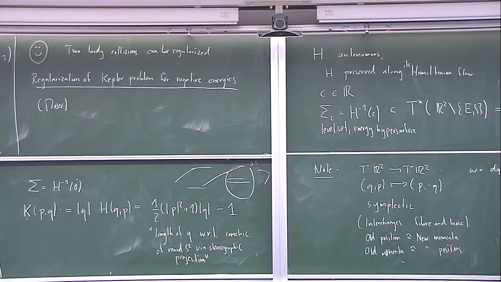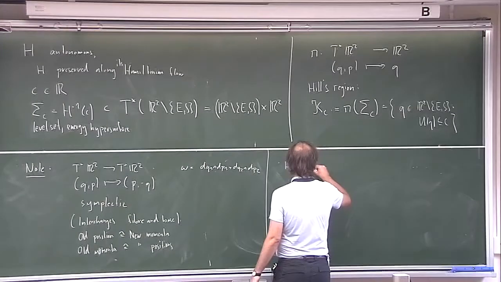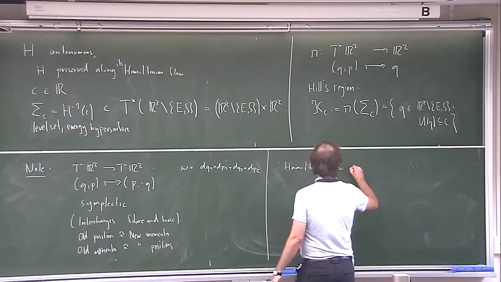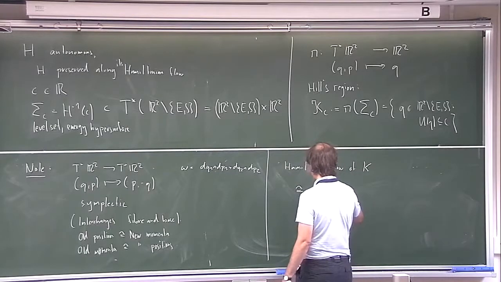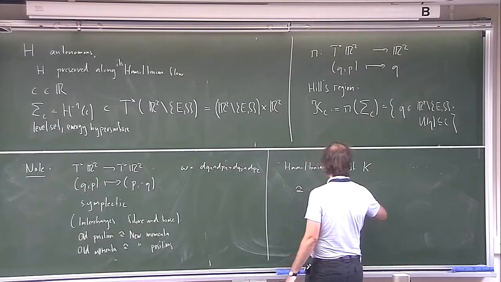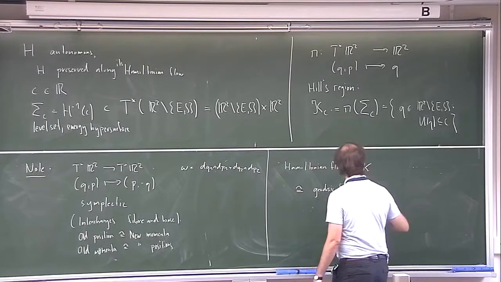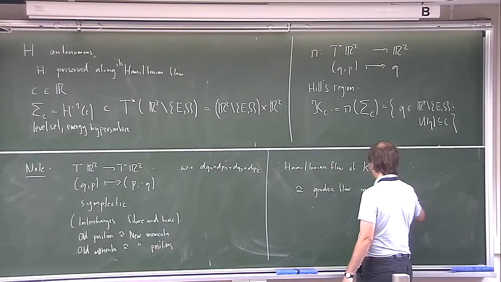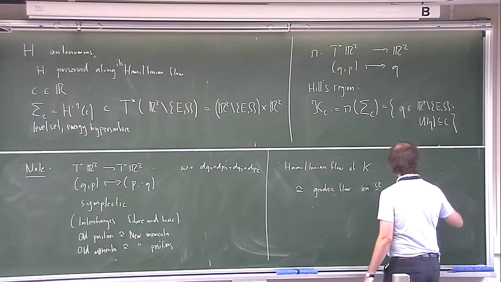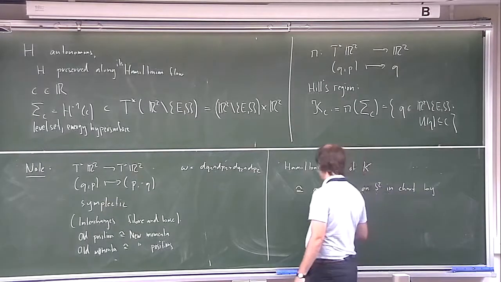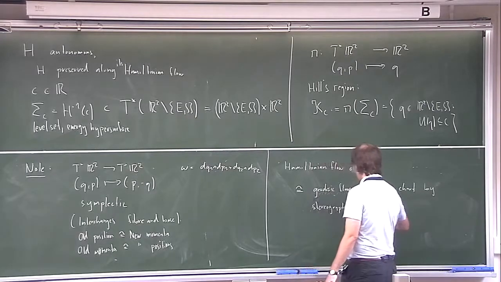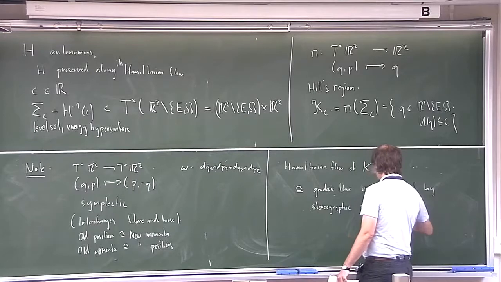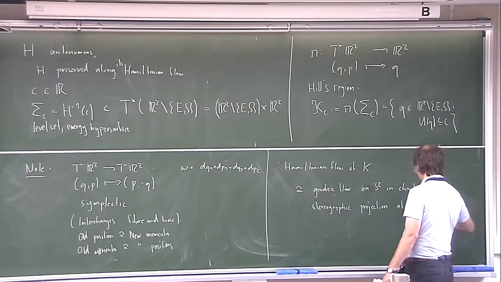So the Hamiltonian flow of K corresponds to the geodesic flow on S2 in the chart by stereographic projection, except the North Pole.